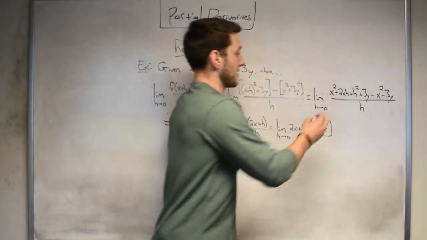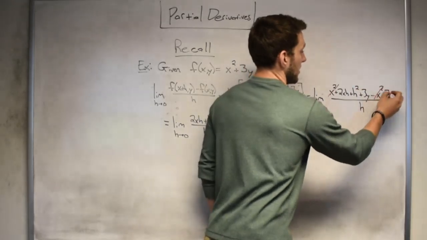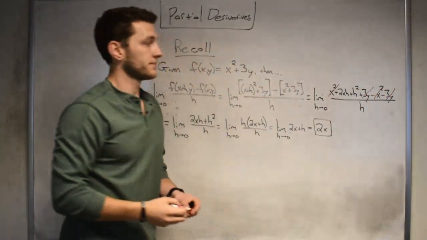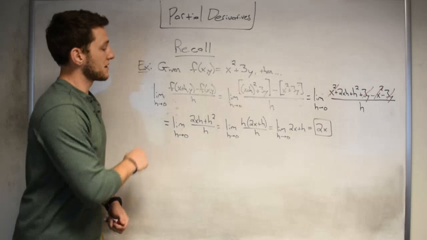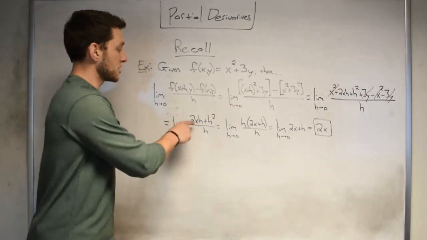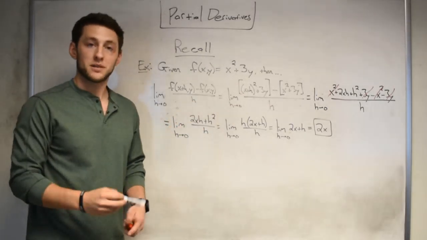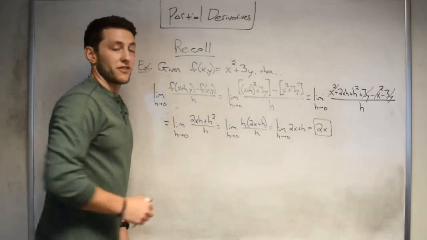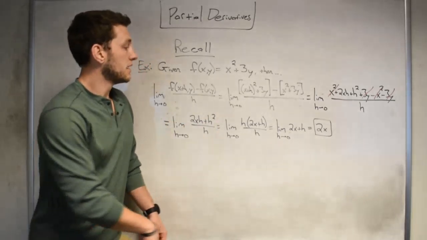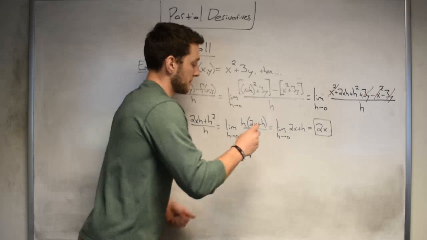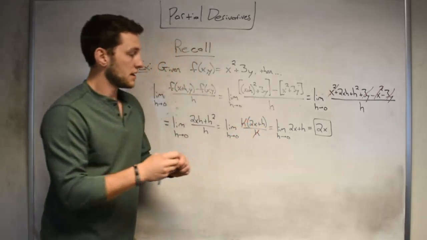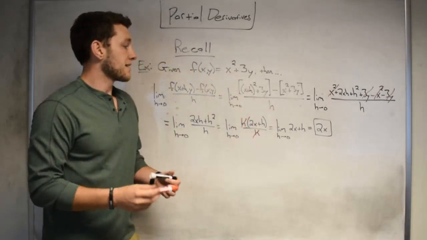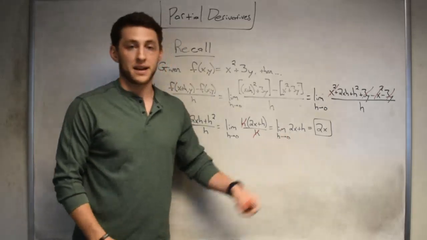Ultimately, this lets us cancel out the x squareds and the 3y's, leaving us with just the limit as h goes to 0 of 2xh plus h squared divided by h, which we can factor out an h from the top, and then cancel that h, leaving us with just the limit as h goes to 0 of 2x plus h.